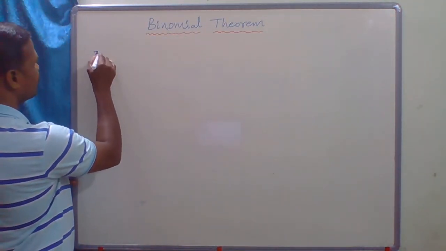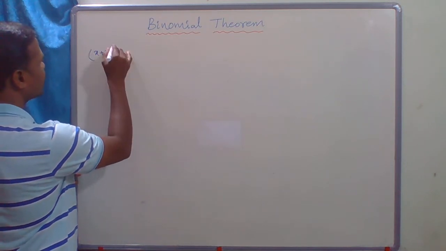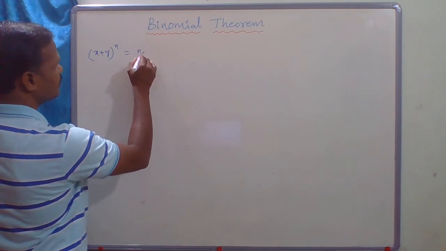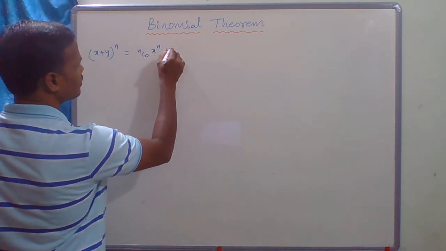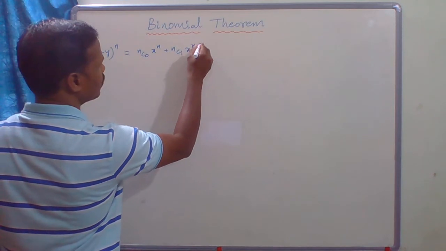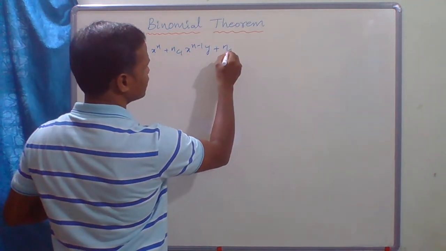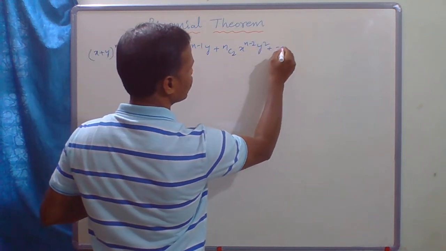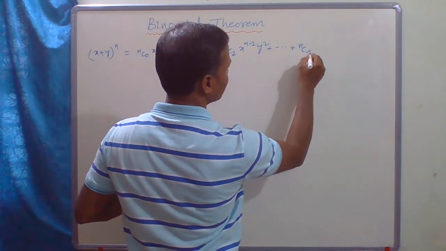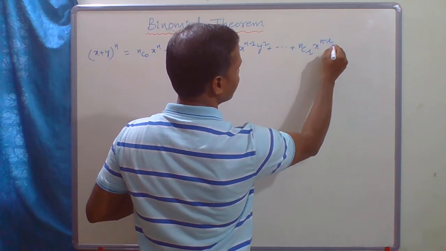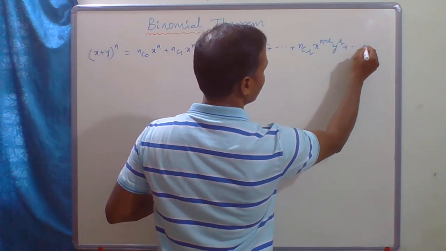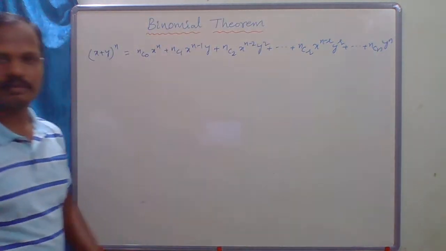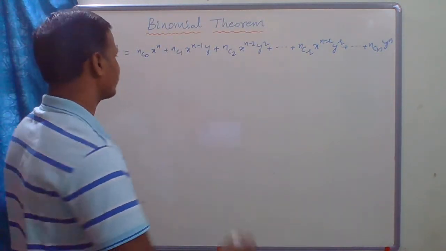So (x + y)^n is nC0 x^n + nC1 x^(n−1) y + nC2 x^(n−2) y² + and so on, + nCr x^(n−r) y^r + and so on, + nCn y^n. So that is the binomial expansion of (x + y)^n.